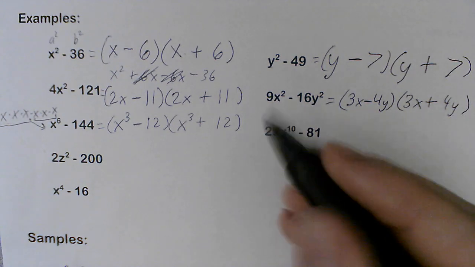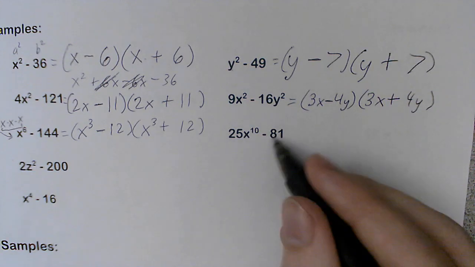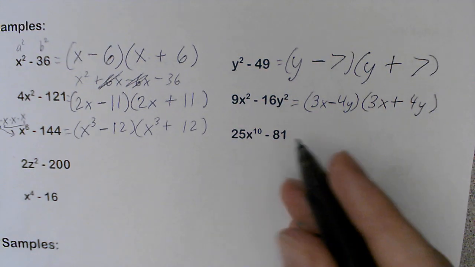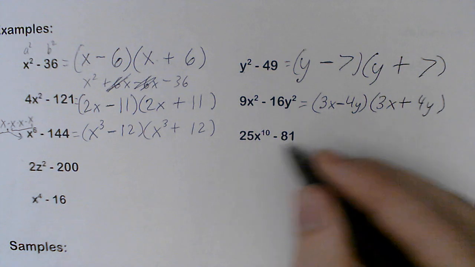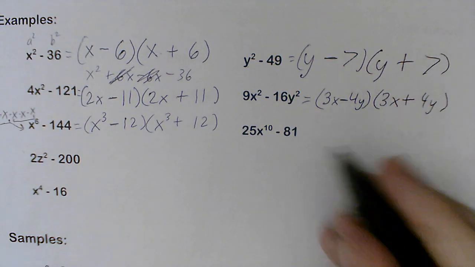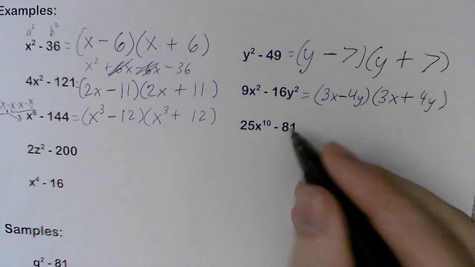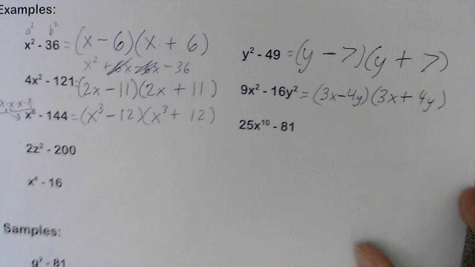So it's important to check whether or not you have a greatest common factor between the coefficients. With common variables, it's a bit more obvious to see, like we would only be able to factor out a common variable if this had an x on it, for example. If this 81 had an x on it, then we would factor out a common variable. But we have to check to see if 25 and 81 have any common factors.